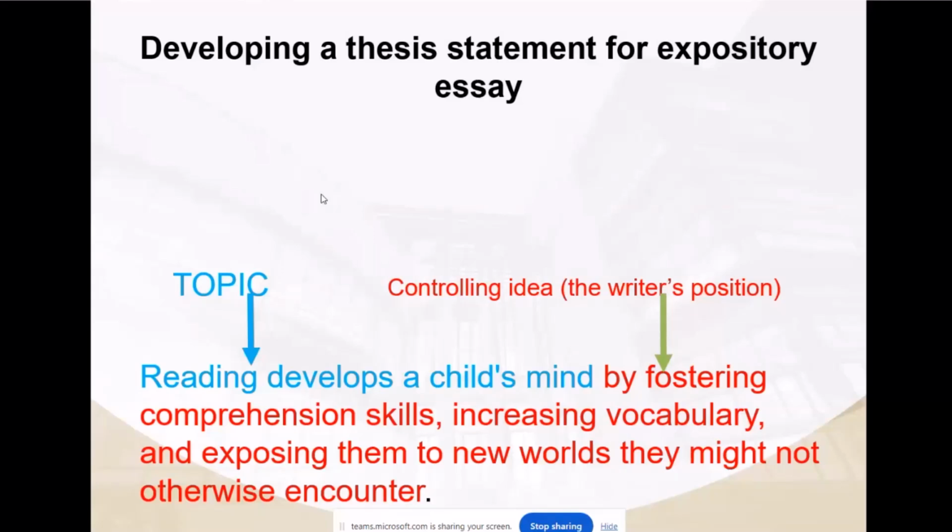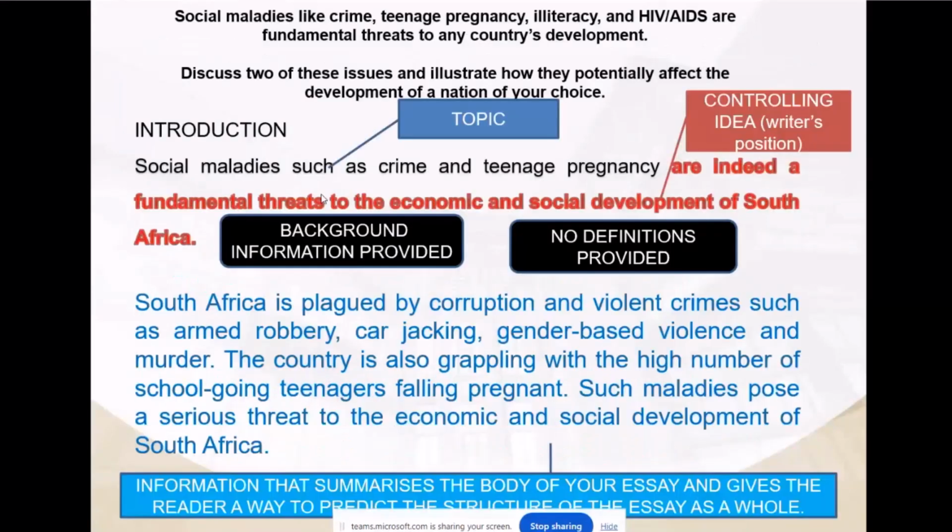So we see there that there is one, the topic and the controlling idea of the writer, the writer's position on the topic itself. Maybe it's a bit complex, it's fine. It doesn't need to be very clear right at the beginning, but it should be as we move on.